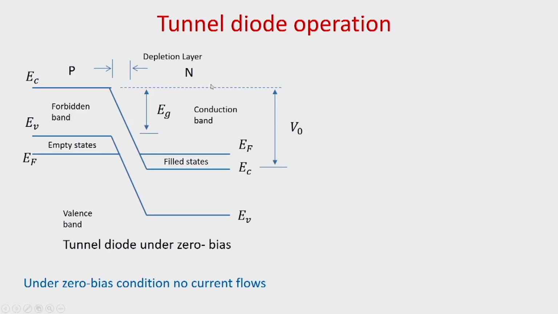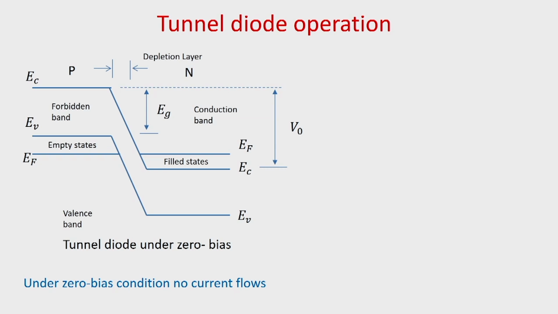Here we can see that we have a p-n junction, and as we have mentioned, both p and n regions are highly doped.